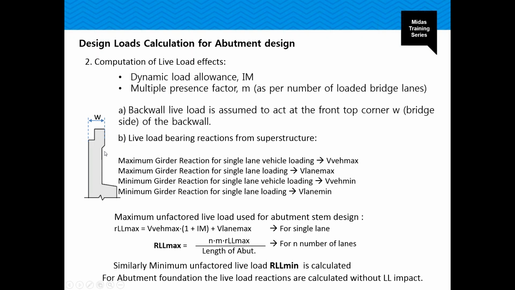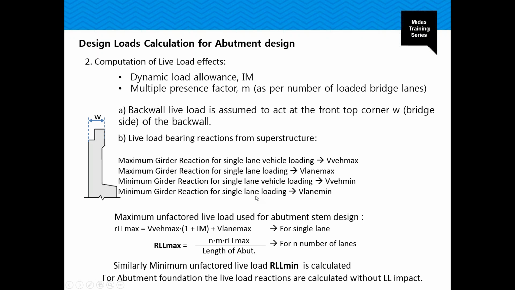And again, we calculate the live load coming from the superstructure. So we take up the maximum girder reaction for a single lane vehicle load, and then the UDL lane loading, and we calculate the maximum reactions due to the vehicle load and the lane load, and the minimum reactions due to the same.